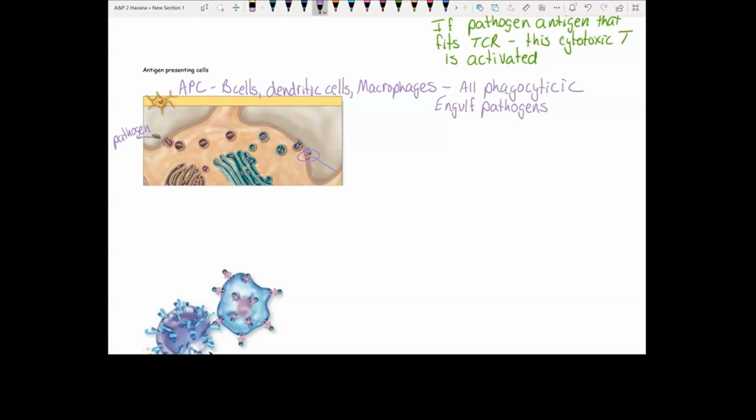This is MHC type 2. And this is your pathogen antigen. So after a B cell, dendritic cell, or macrophage engulfs a pathogen, it will then display the pathogen antigen on its MHC2.